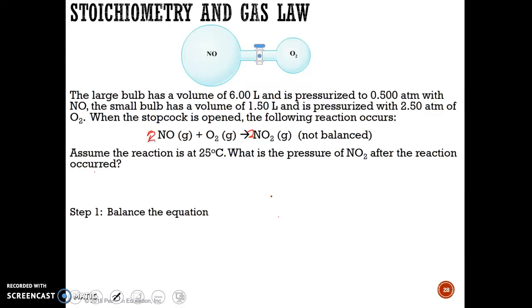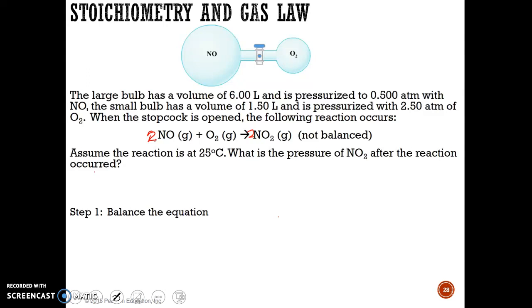So we have 2 nitrogens and 4 oxygens on the reactant side, and 2 nitrogens and 4 oxygens on the product side. Okay. So what we can do now is step 2, which is find the moles of each reactant.